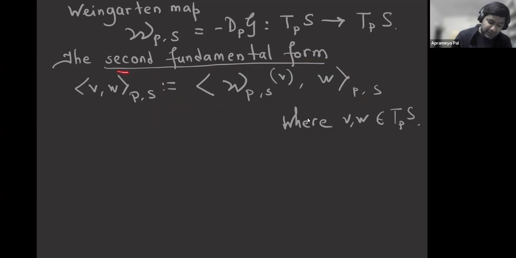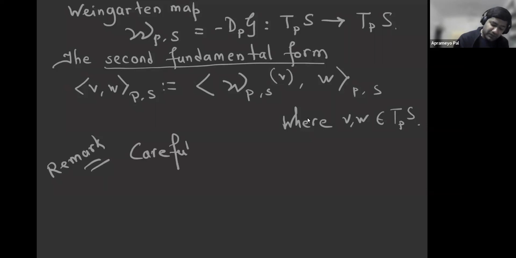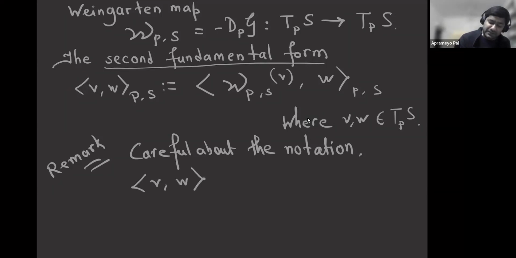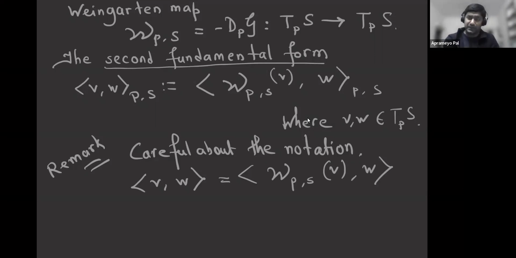But let me remark, be careful about the notation, because sometimes this (V, W) might be either the inner product directly, like in the previous definition, like a normal dot product, or we can also think of it as taking with the Weingarten map.